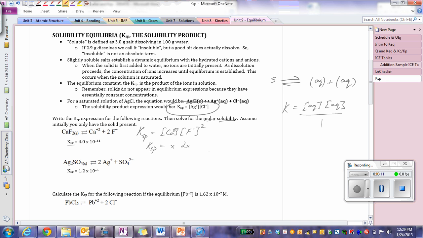Because your change is going to be X and 2X, you just plug that into your expression. So ultimately we get X times 4X squared, so 4X cubed is going to be equal to 4.0 times 10 to the 11th.